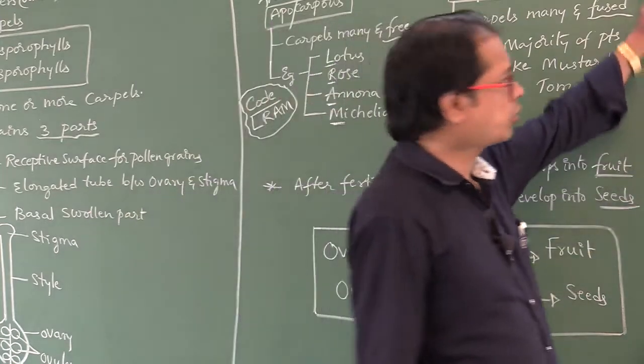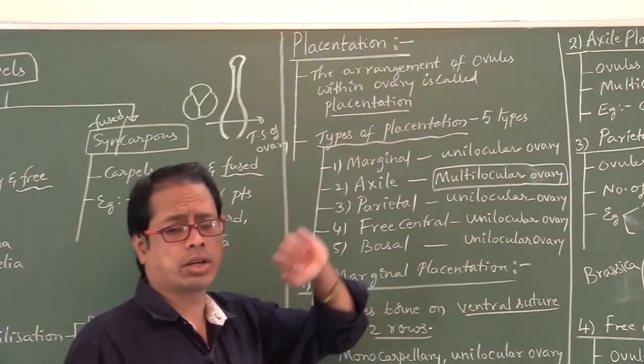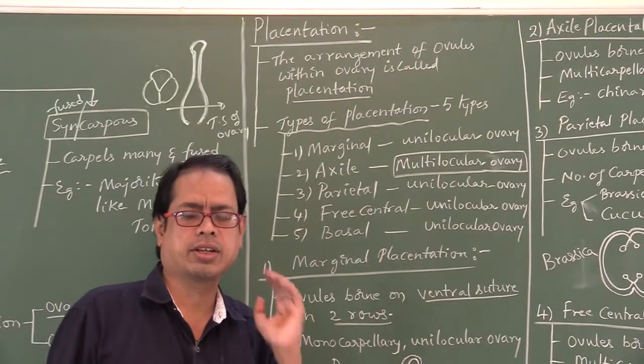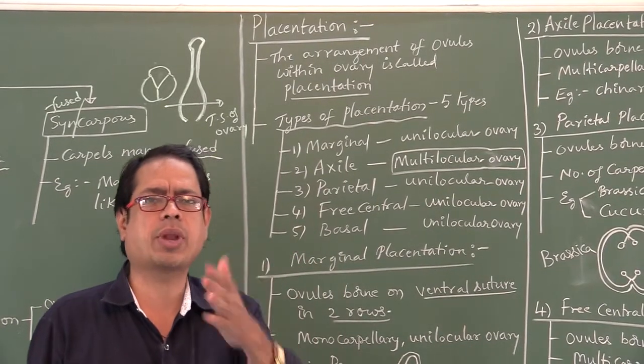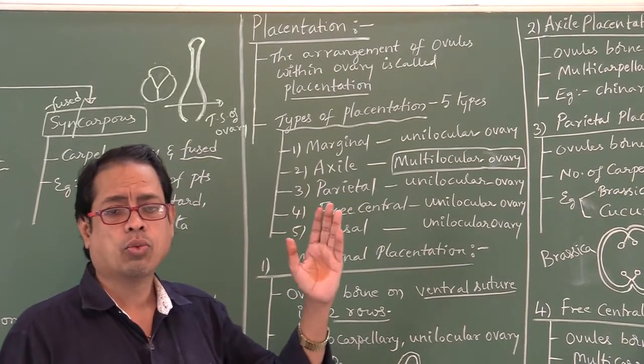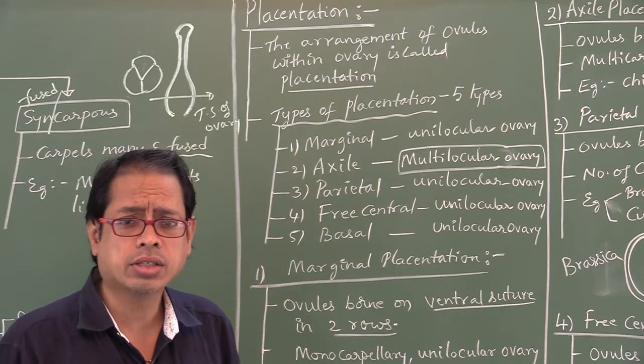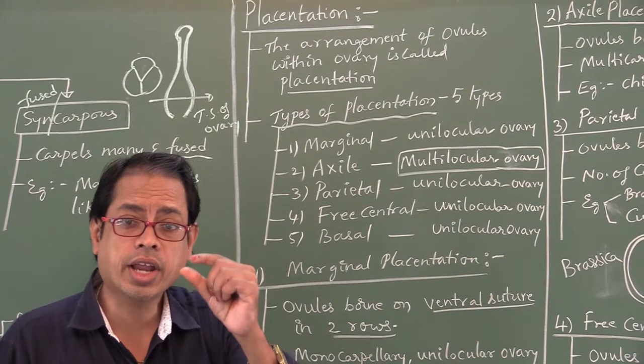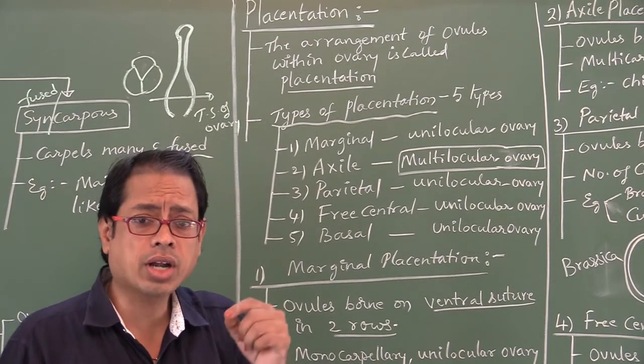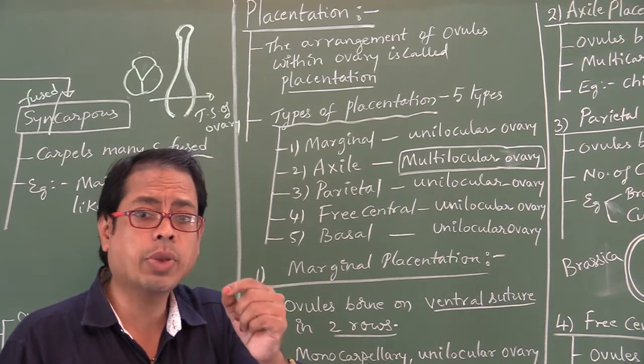Right. Next topic, placentation. What is placentation? What are the different types of placentations? The ovules are found in which part of the carpel? Inside the ovary. On which part are the ovules attached? On the placenta.